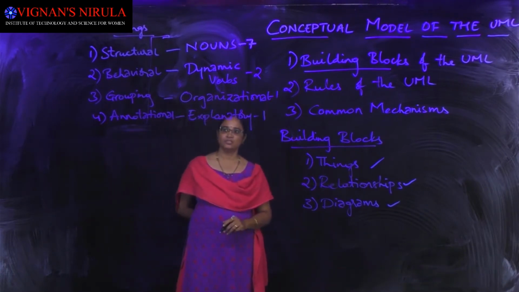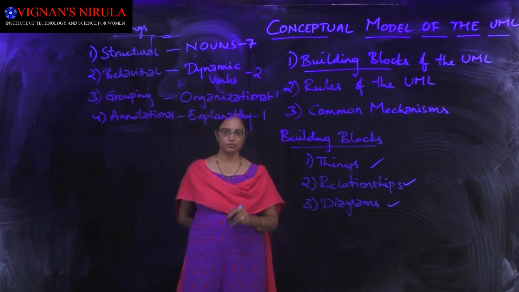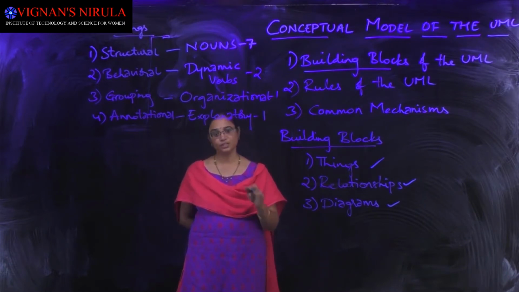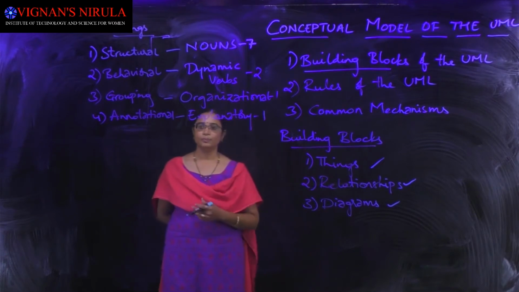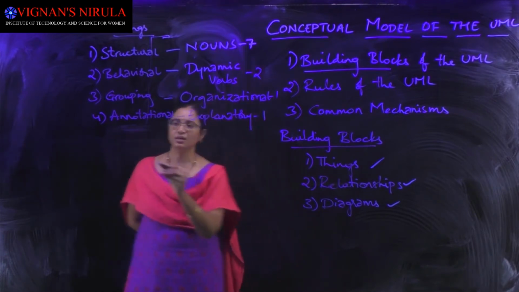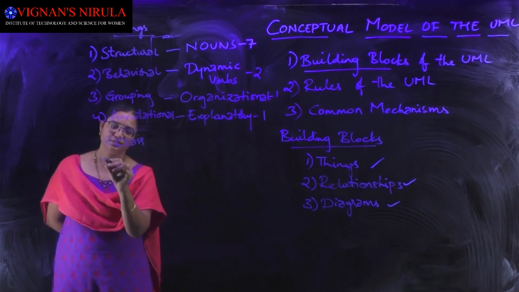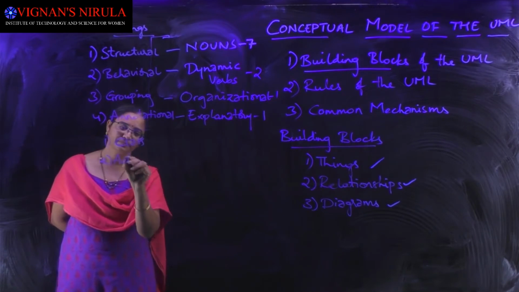Here we have discussed about the structural things of the UML. Structural things are nothing but the nouns of the UML. These are used to represent the vocabulary of the problem domain, and the vocabulary in the solution also. To represent those elements, we are having 7 elements. These 7 elements are class. Second one is active class.